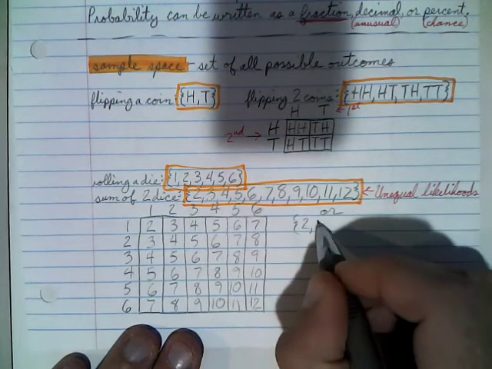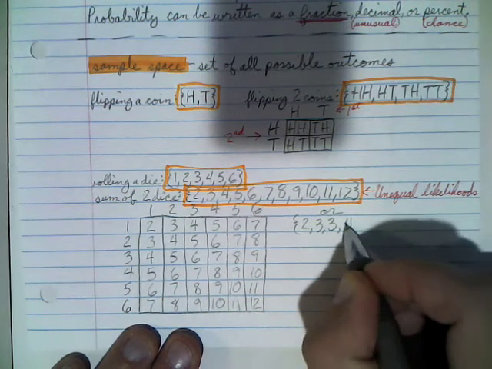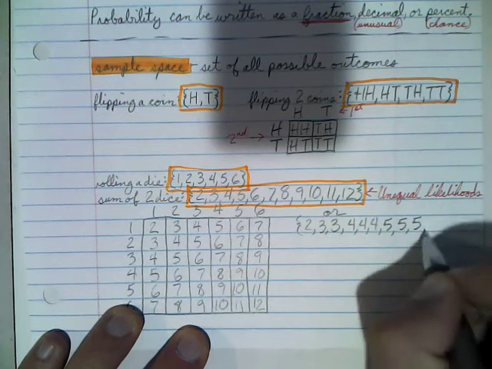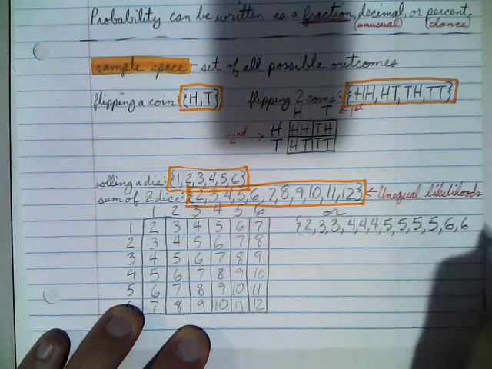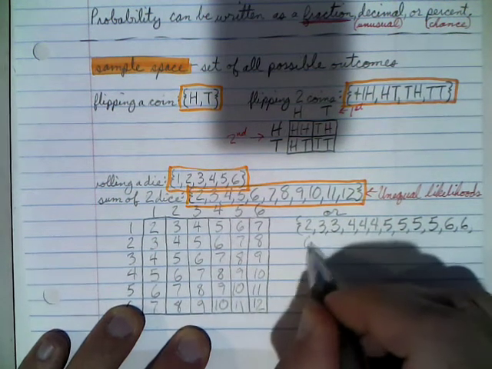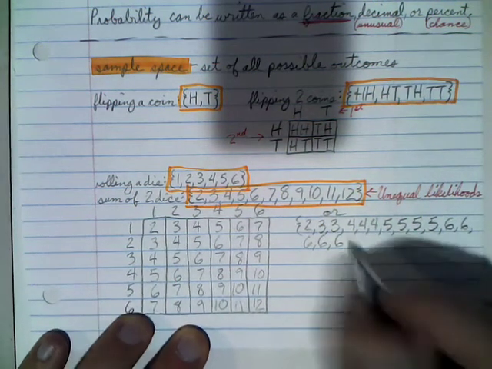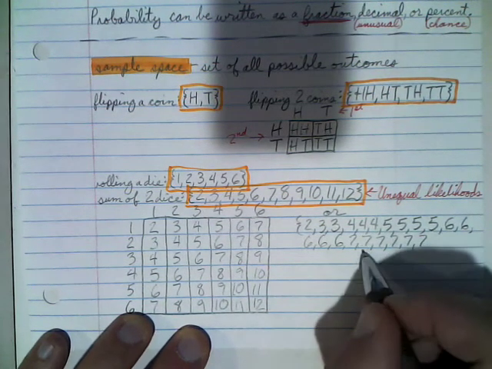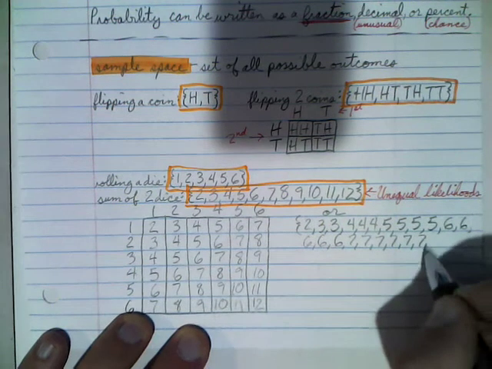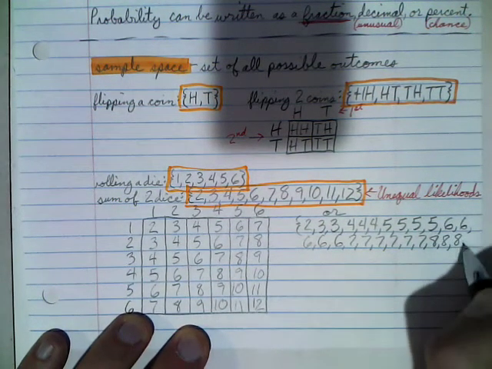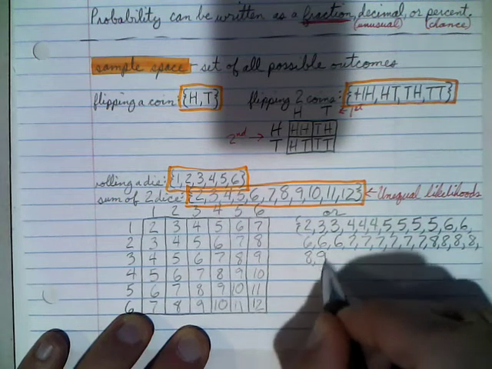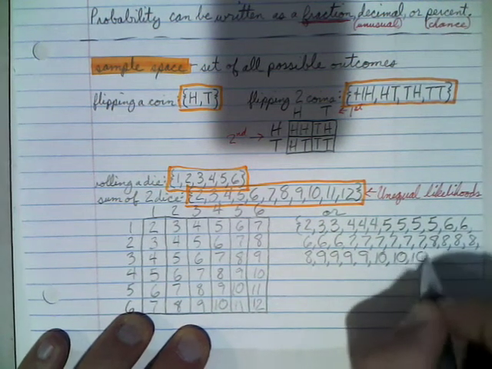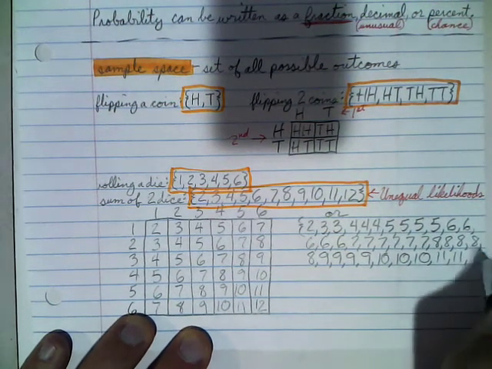So I've got a single 2, I've got 2 3s, I have 3 4s, I have 4 5s, I have 5 6s, I have 6 7s, I have 5 8s, I have 4 9s, 3 10s, 2 11s, and a 12.